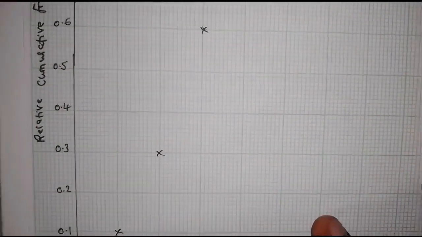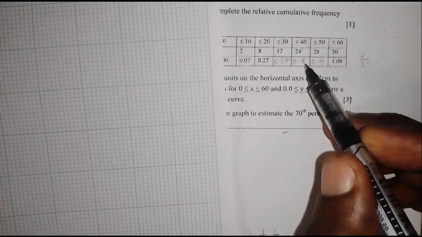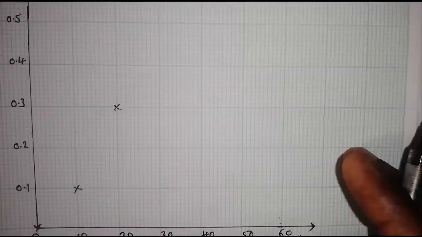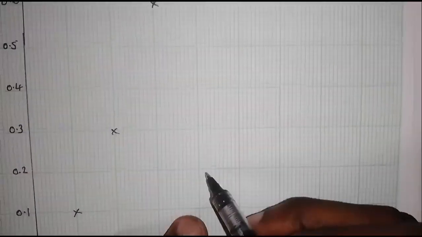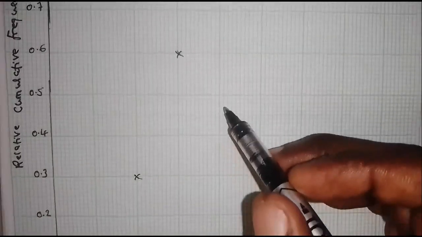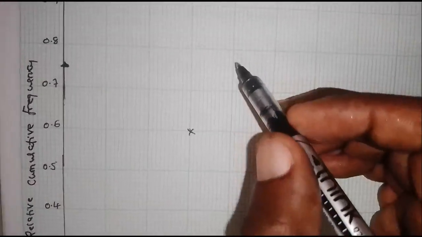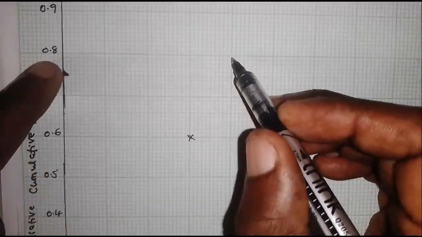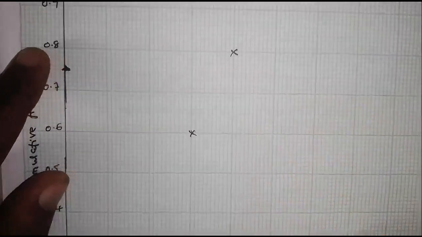Okay. Then 40, 0.8. So 40 is this one, just follow this one until on your left you see 0.8. You put where they are intersecting.